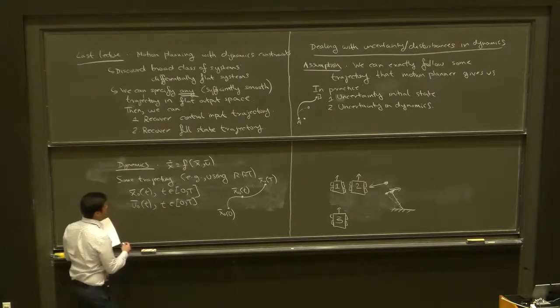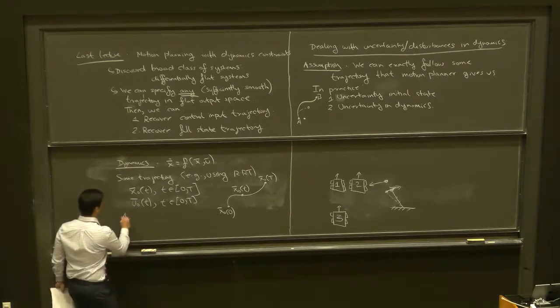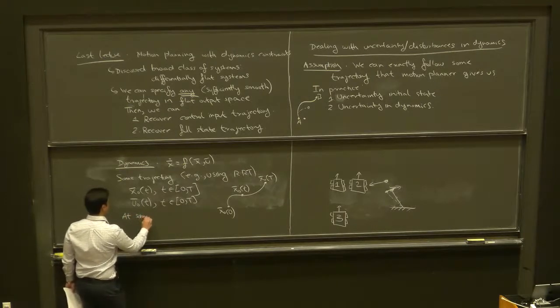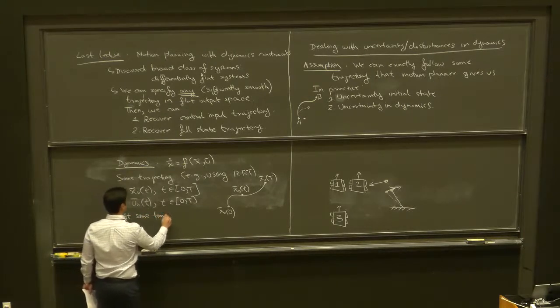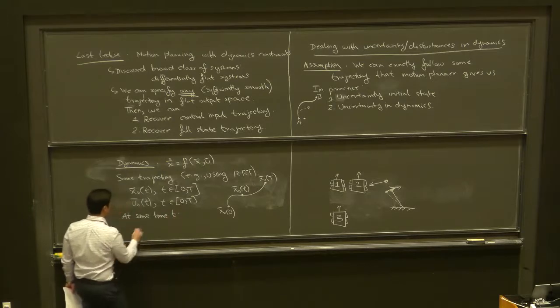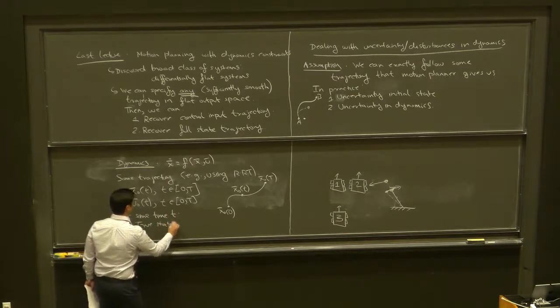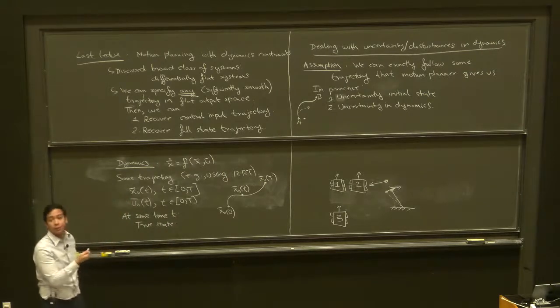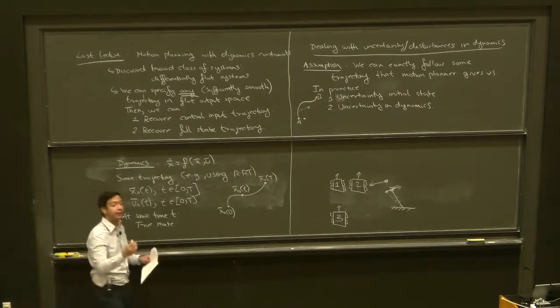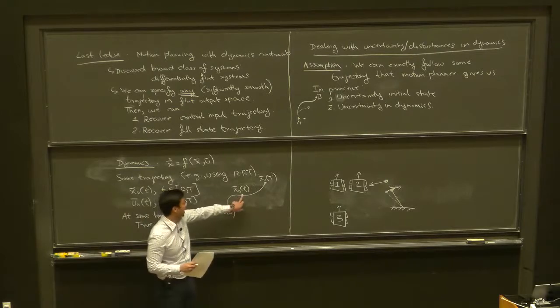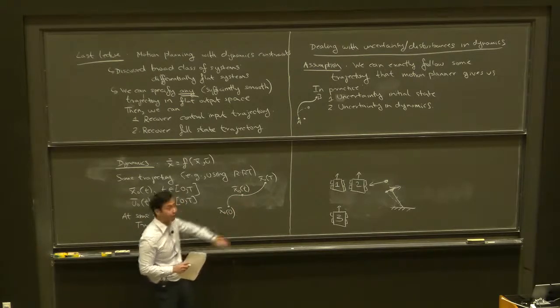And now, let's say at some time t, the true state of the system is not exactly where you want it to be. If everything is going perfectly, your robot is going to be at this state, x0 of t.